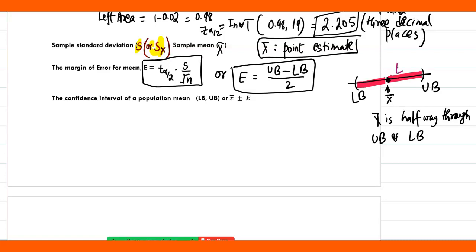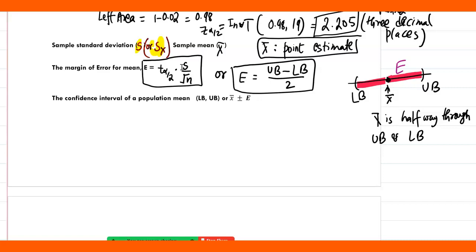This is called E, margin of error. To find E, you subtract lower bound from upper bound and divide by 2 to get the margin of error, or use this formula. And you might be thinking, hey, which formula am I going to use? Look at the question carefully. Whatever the question asks you to use, use that formula correctly.